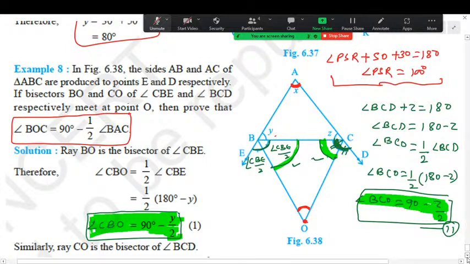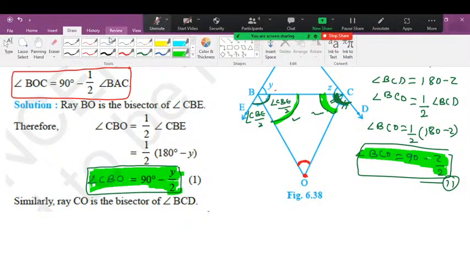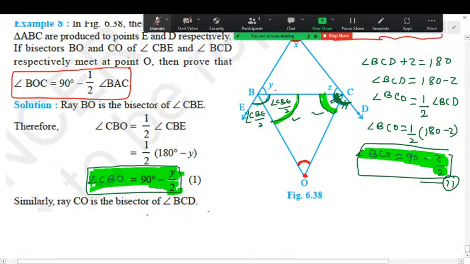Now I want you to add both. Can you add them? These two, first and second.